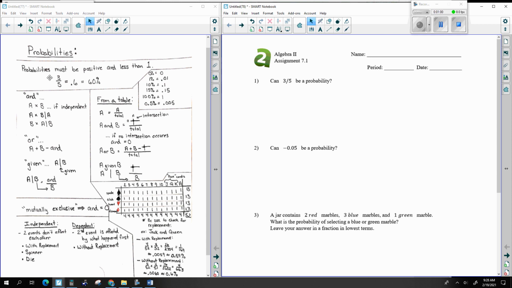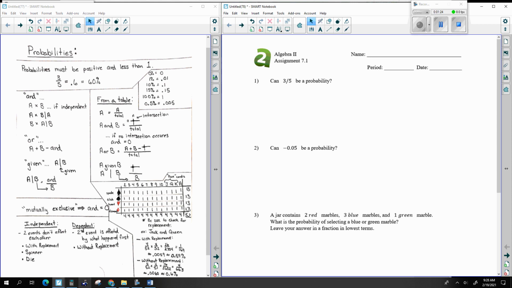That references what we have at the very top of our reference page: probabilities must be positive, and they also must be less than 1, AKA 100%. So probabilities must be positive, and they must be less than 1.